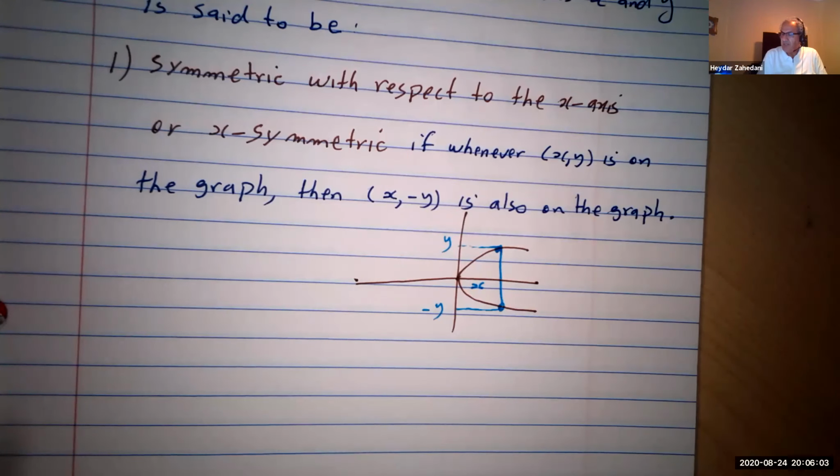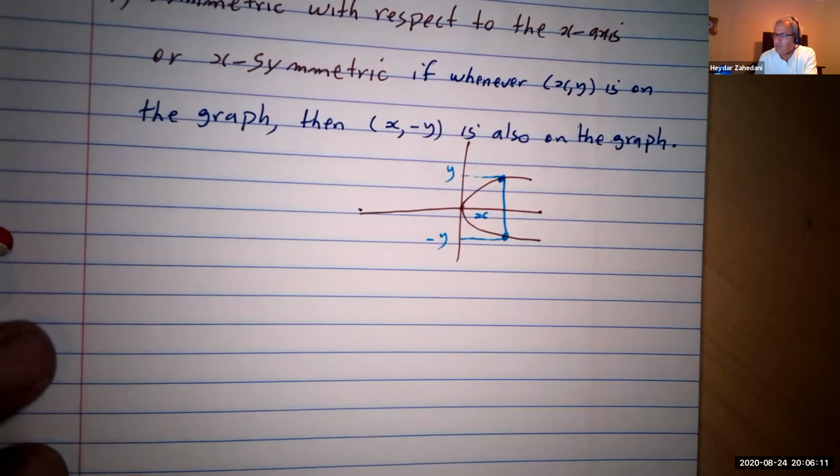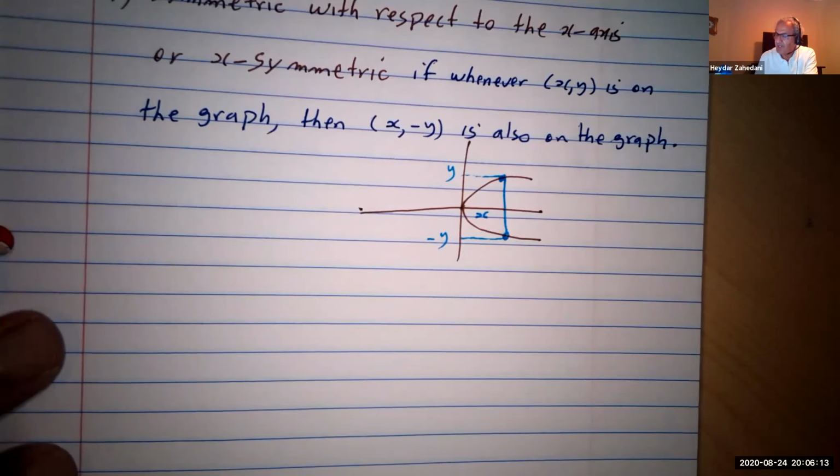So it's going to be symmetric with respect to the x, meaning the mirror is on the x. If you go up and down, everything would be the same. Any question? So this is going to be symmetric with respect to the x.